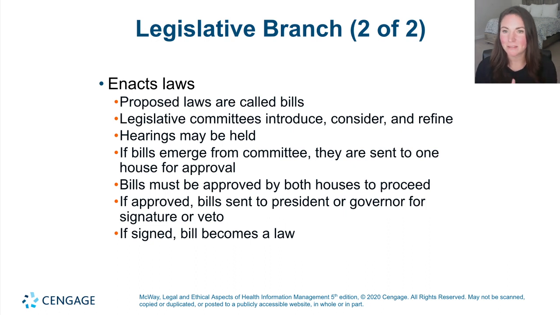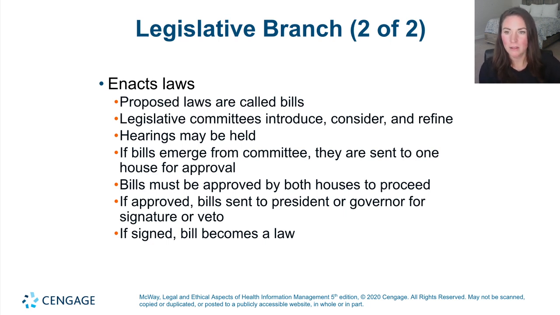So that's what it means. Both houses have to approve the exact same bill. Okay, and then once that happens, the bill is sent to the president on the federal level, or the governor on the state level, for them to either sign or veto it. If it is signed, the bill then becomes a law.